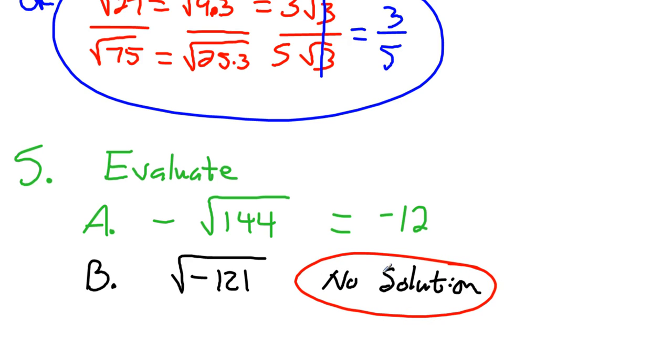So evaluate, simplify, however they want to say it, it's still the same thing. You're still just taking the square root, working with it as much as you possibly can, and breaking it down.